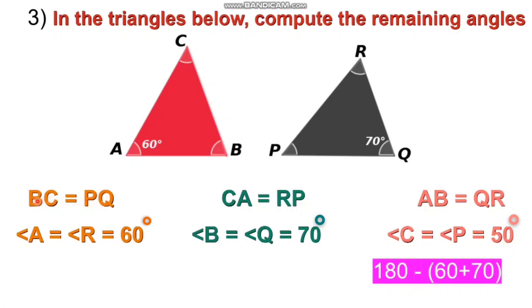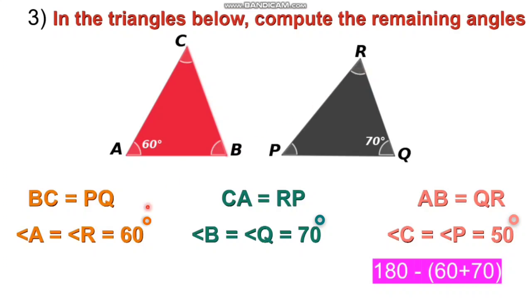Opposite of BC is the remaining letter A, angle A. Opposite of PQ is the remaining letter R. So angle A is equal to angle R. Angle A is given as 60, so angle R is also 60 degrees. You can check it again: opposite of BC is A, opposite of PQ is R.